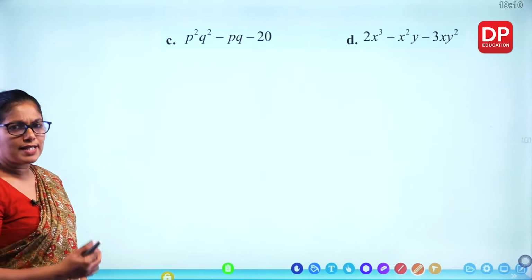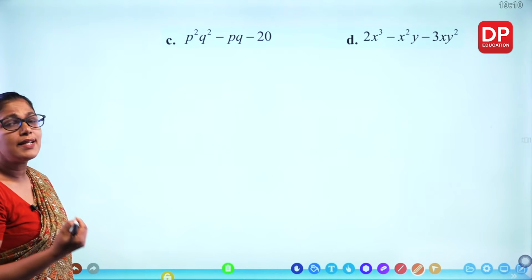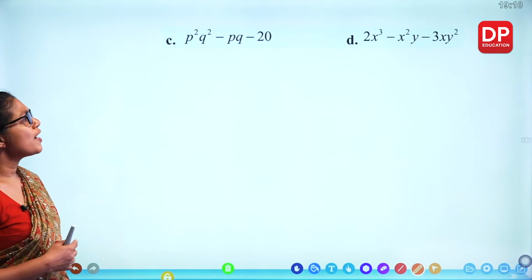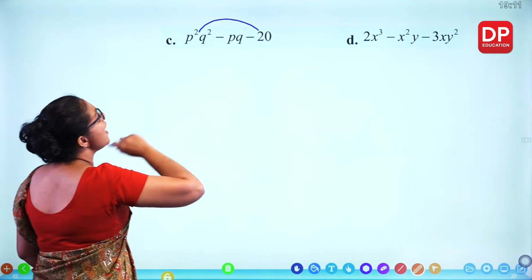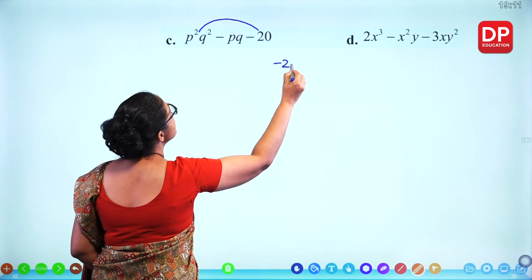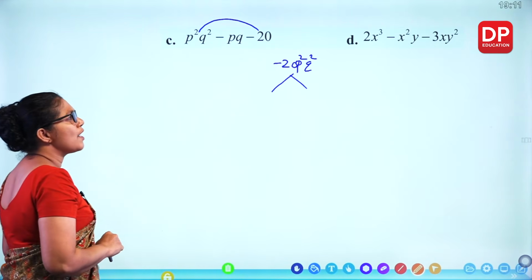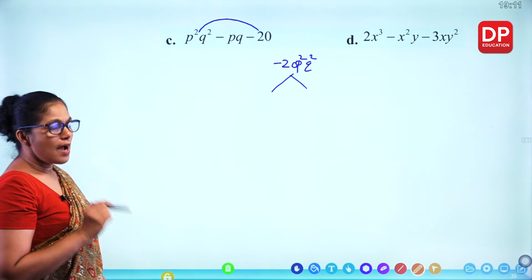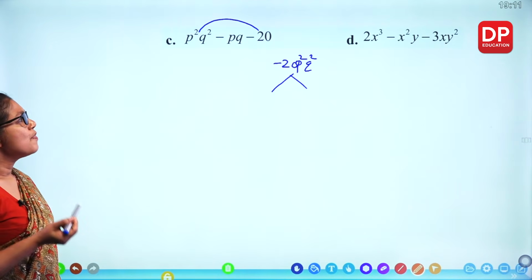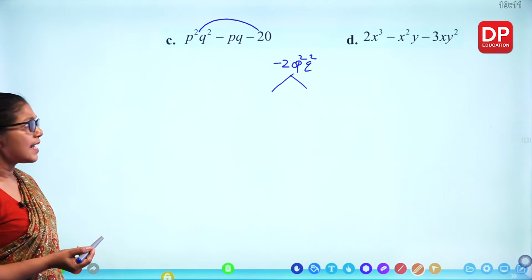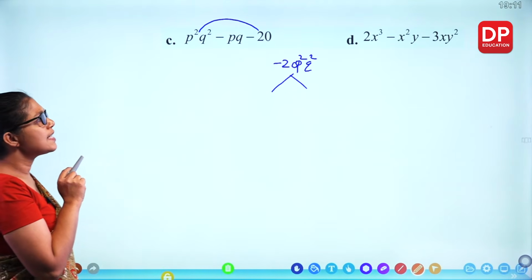So here 3 terms, and one is square term and a single term and a constant. So this is a trinomial. So again we can multiply these two and write down minus 20p squared q squared. Now we need to find out the factors. Last term is negative and the middle term is negative, means the bigger number should be negative. So what are the factors of minus 20?